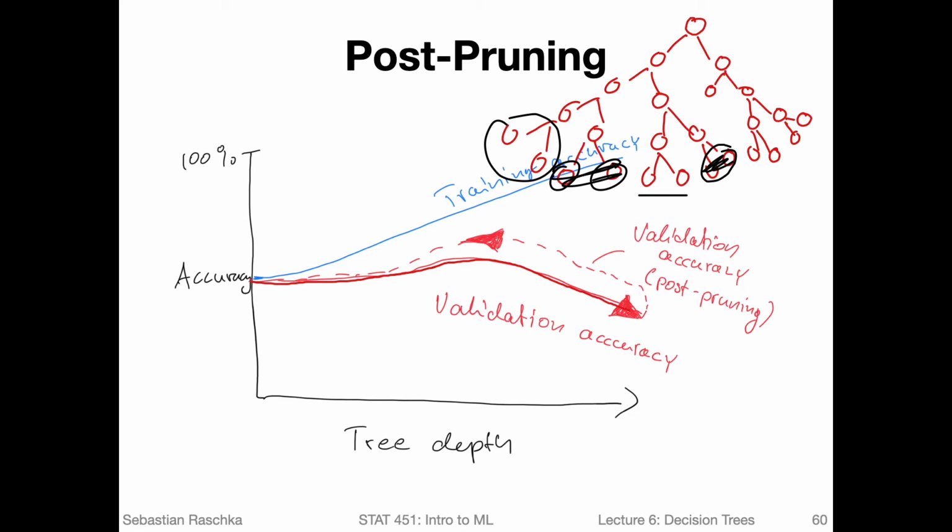However, when you do the pruning, you see that the validation set performance improves again. So this is the pruning, and you can see that even though you reach the same tree depth at a certain point, you will find that the validation set accuracy is actually better than it was before, because you are selectively using or removing certain nodes.